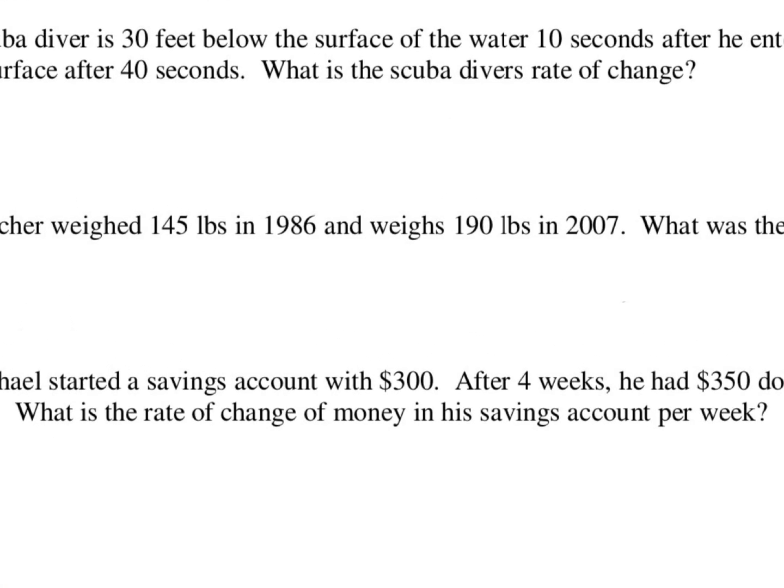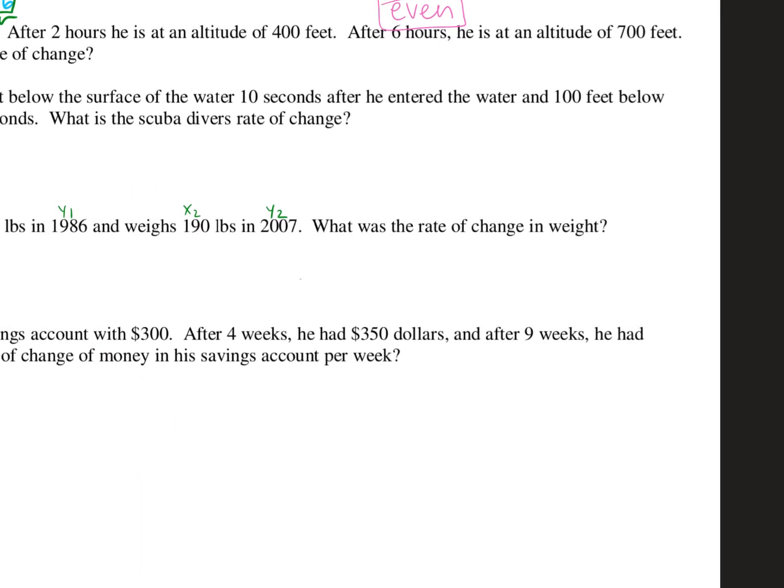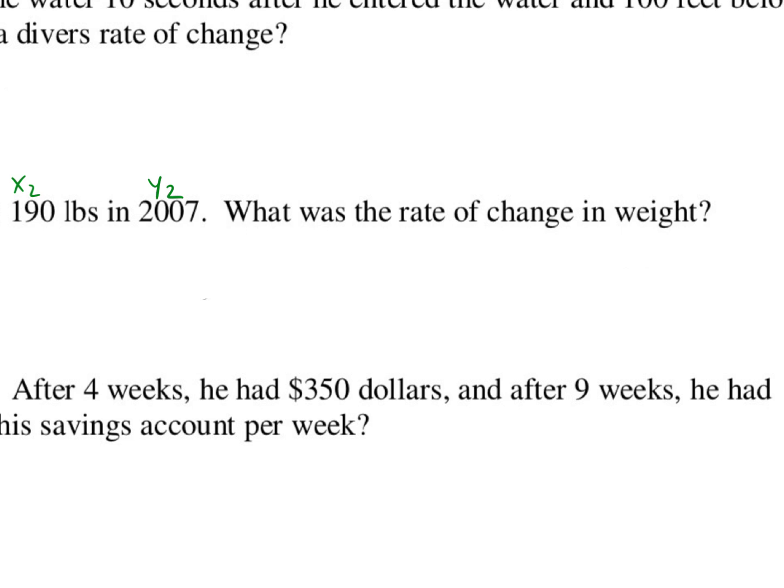So we're going to call the first one that it talks about X1 and Y1. The second one is going to be X2 and Y2. It does make a difference because for the rate of change in weight, we're talking about how many pounds he loses per year.